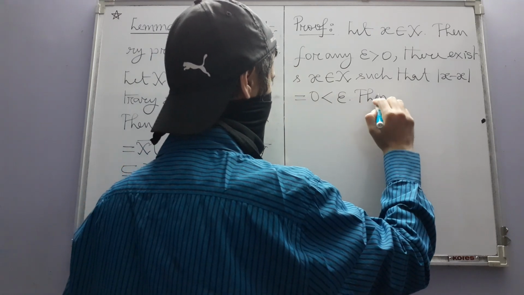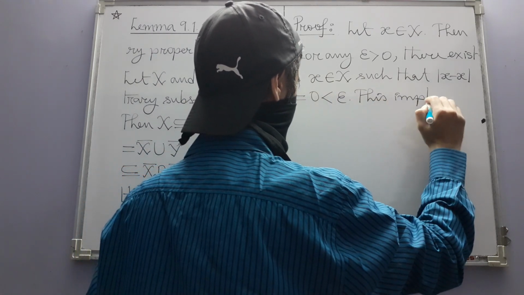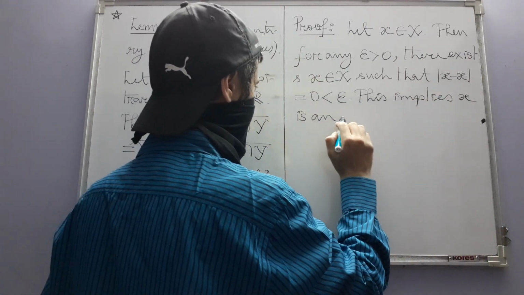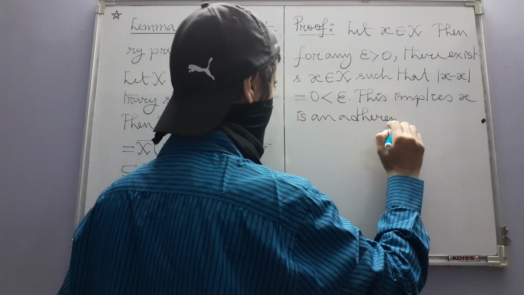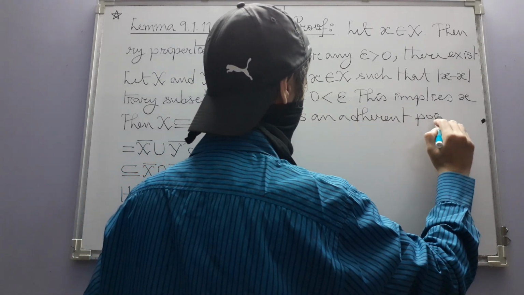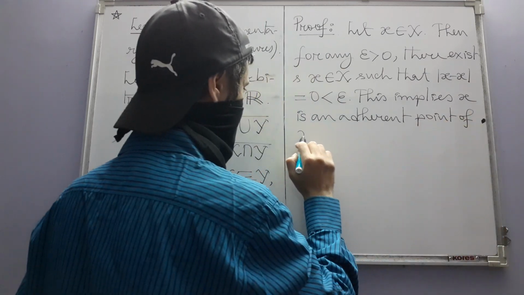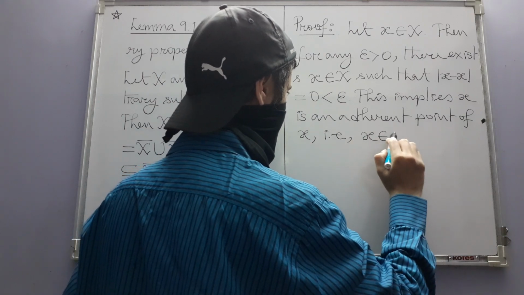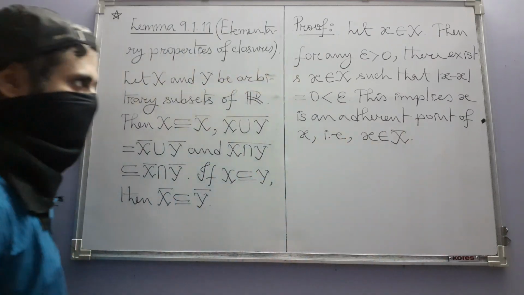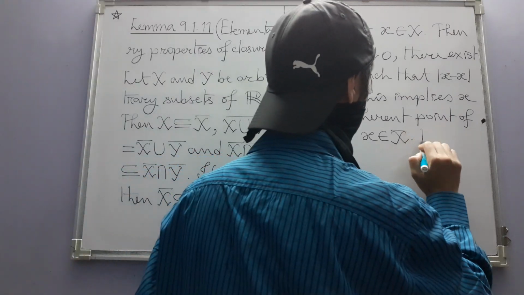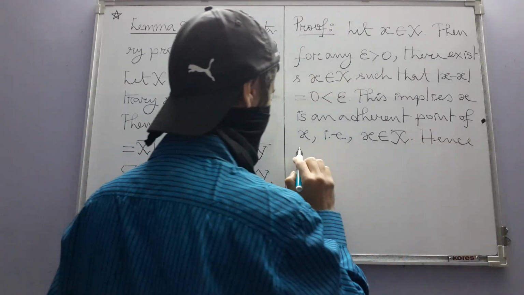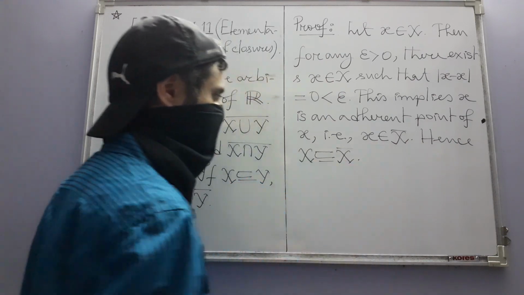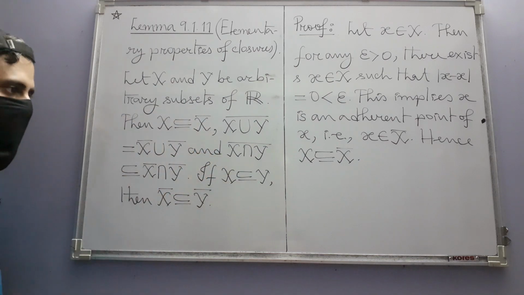This implies x is an adherent point of x, or the same thing, that x belongs to the closure of x. Hence, x is a subset of its own closure. Okay, so that is the first claim.